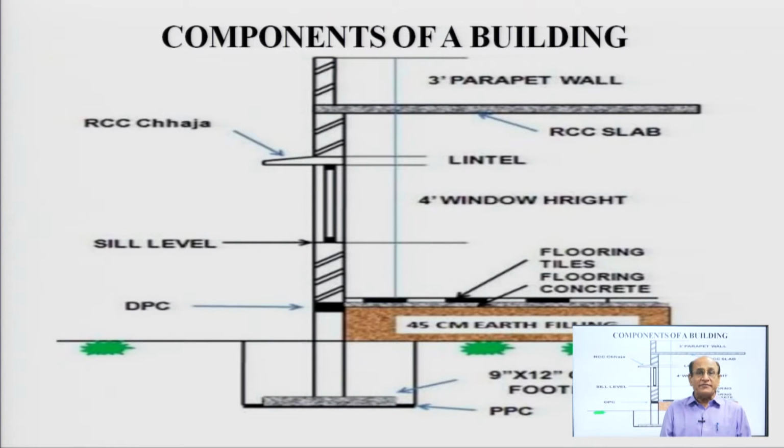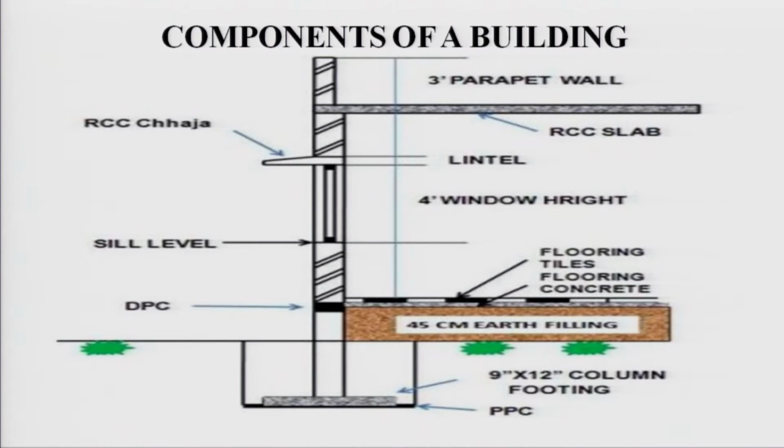So, these are the different components of the building, and we can see here in this picture from the bottom. This is the PCC, plain cement concrete, which is a base of the walls or the footings. Above that there are columns on the footings.